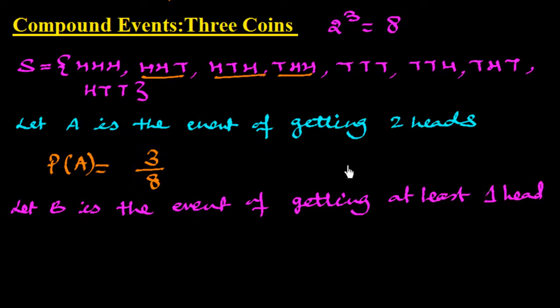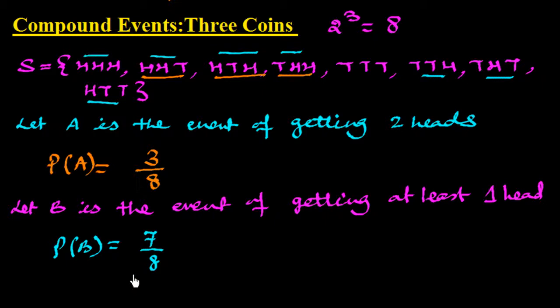At least 1 head means it may be more than 1 head, it may be 2 heads, it may be 3 heads also. So look at here, there is 1 head, there are 2 heads and 3 heads. So we have 1 2 3 4 5 6 7. So the probability of B is equal to 7 over 8.